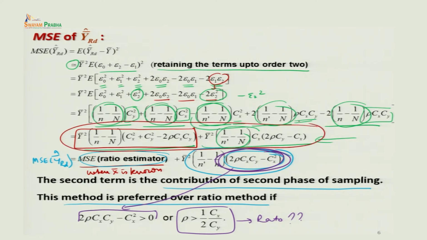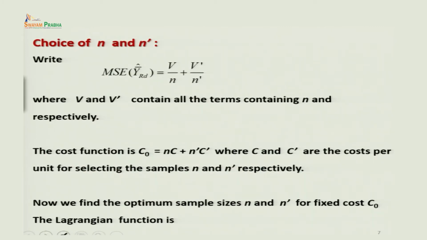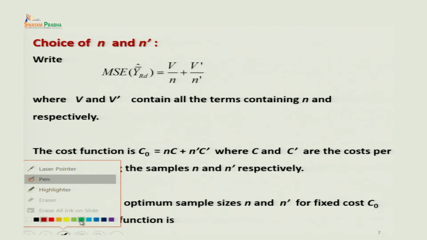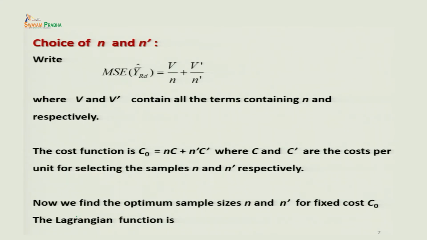You can see there is one factor which depends on small n, another factor which depends on small n prime, and a remaining factor which depends on capital N. So, I write down the factors which contain the terms small n and small n prime here like this, and there is going to be some term I can write here, say 1 upon n, v star, but since my objective here is something else, I am not bothered about this term.